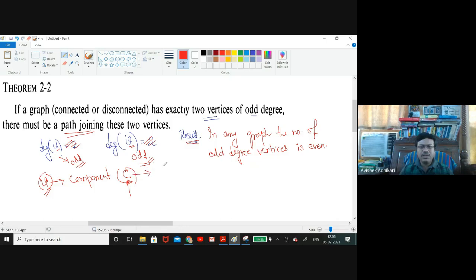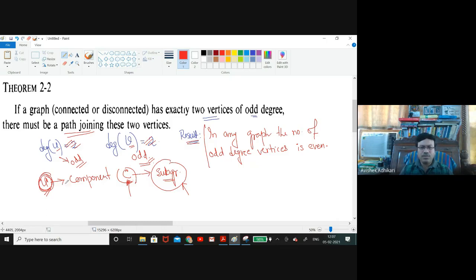You can consider C as a subgraph, and a subgraph is again a graph. So in that graph C you have only one vertex whose degree is odd, which means an odd number of odd degree vertices.